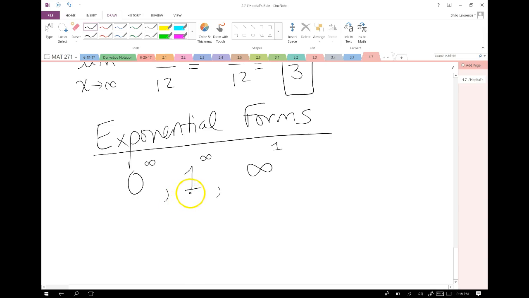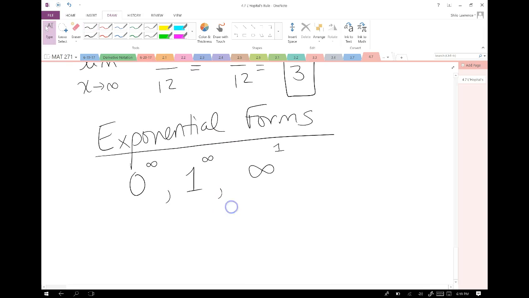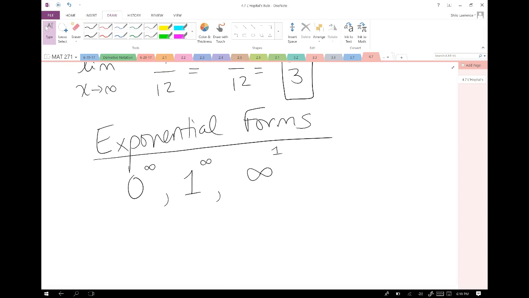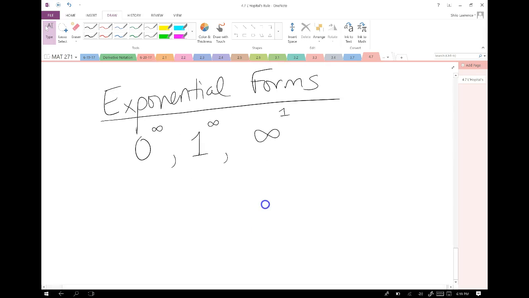We're approaching from decimals. And if you raise decimals to larger and larger powers, they're going to go to 0. But if we're approaching 1 from above, if we're raising values bigger than 1 to larger and larger powers, they're going to blow up and go to infinity. And then usually if you raise anything to the first power, you get back itself. But then if you have a very, very, very large number, it gets fuzzy. They're all limits.